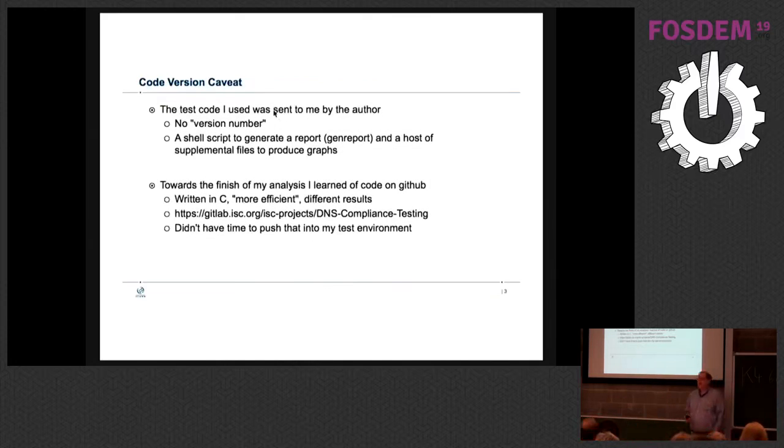Now, the code that I use, I know that as time went by, the EDNS test code that ISC developed changed over time. And when I met with the developer, Mark Andrews, back in October of last year, he gave me a zip file of his stuff. I don't know what version it is. I just have his stuff.